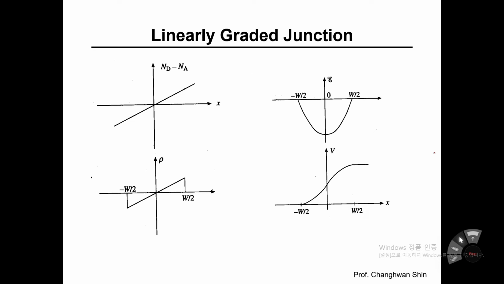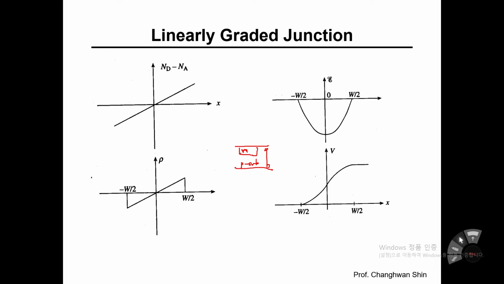Just a few decades ago, it was very tough and challenging for device and process engineers to implement a step junction. I'm talking about this. This is the cross-section view of a silicon substrate, say a P-type silicon substrate, and on top of it you want to make an N region.